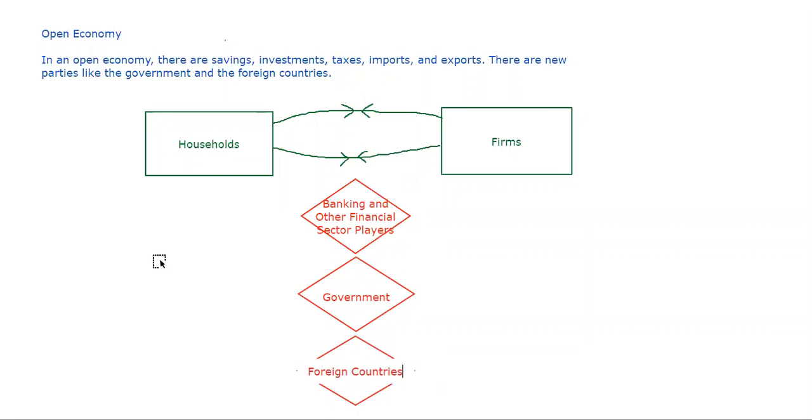Okay. Now, if you look at the households, they do save money. So something flows from the households to the banking sector in the form of savings. So this is savings that is going out.